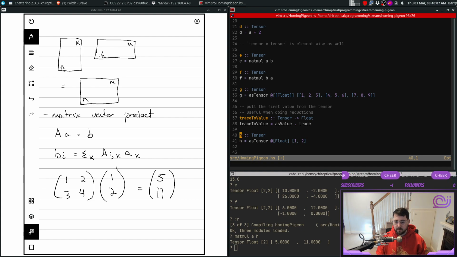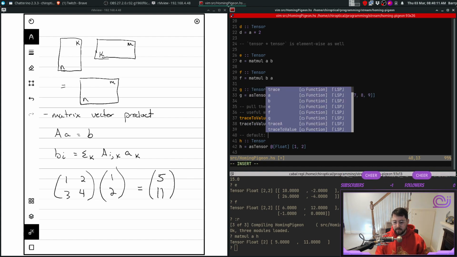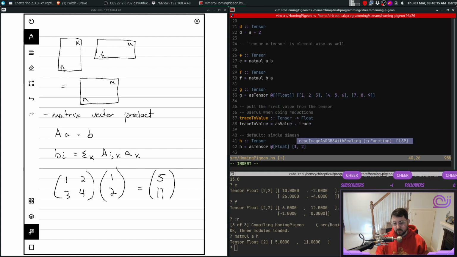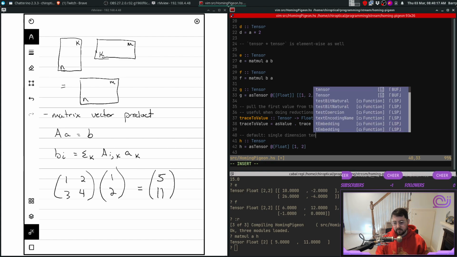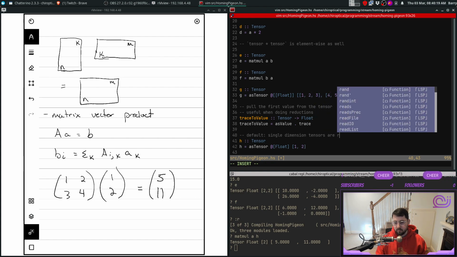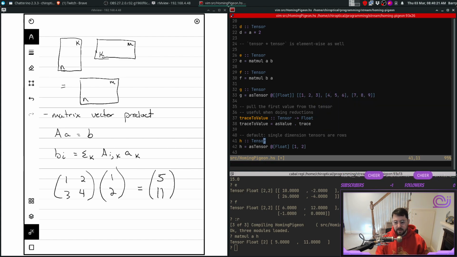By default, single dimension tensors are rows. Can we transpose H?